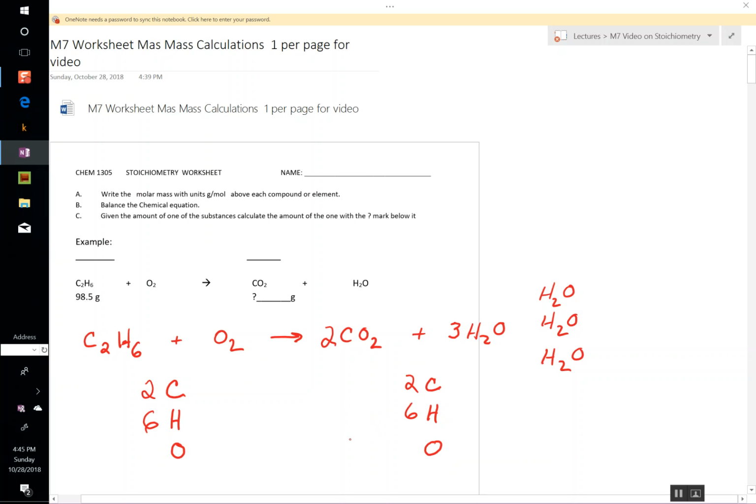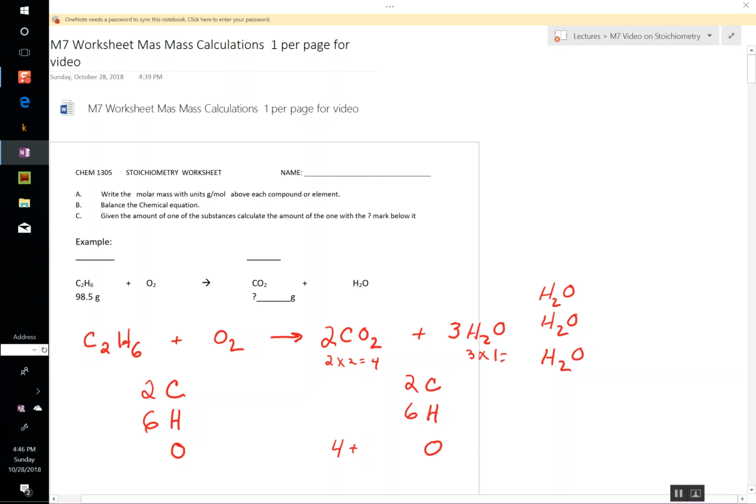Okay, now we go that far. We get the carbon and the hydrogen balanced, and you can see that oxygen is coming out of this reaction, resulting in this reaction as CO2 and H2O. So this has 4 oxygens in it, and there's only 1 oxygen in every H2O, and there are 3 H2O molecules.